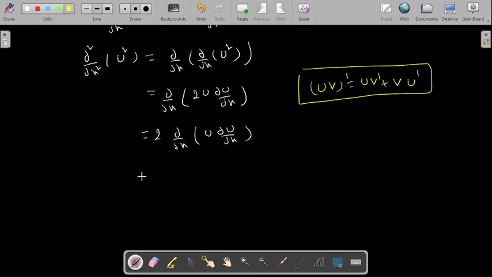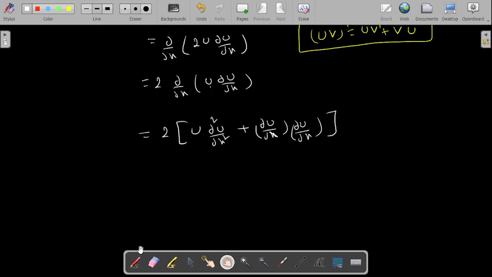So now 2 into u, this u as it is, times v dash, which means ∂u/∂x differentiated again, ∂²u/∂x², plus v, which means ∂u/∂x, into u dash. u dash means the differentiation of u, ∂u/∂x.